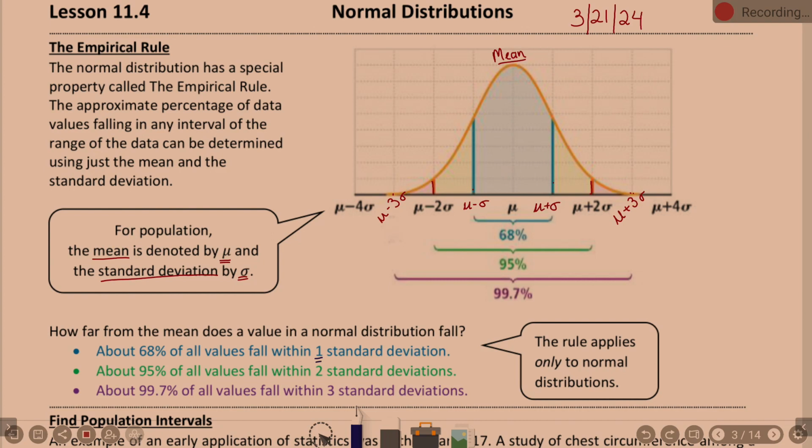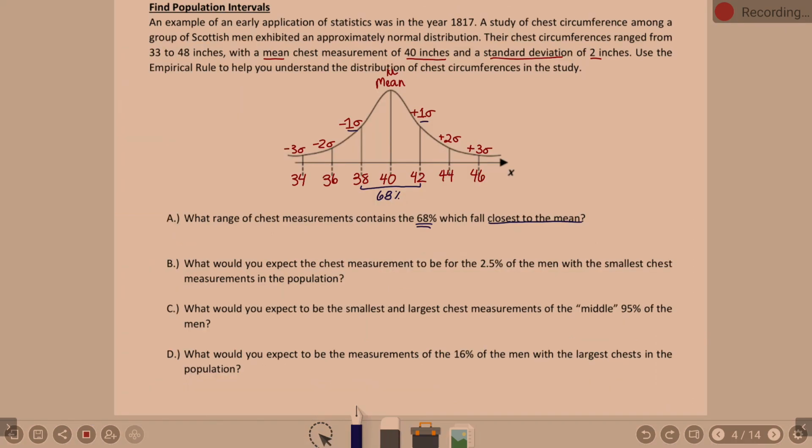So that would be 1 standard deviation above, 1 standard deviation below. Now, if you go to our problem, 1 standard deviation above was going 2 up, 1 standard deviation below was going 2 down. So 2 up from 40 was 42, 2 down from 40 is 38. So because this is 1 standard deviation, according to the empirical rule, 68% of our data is going to fall between those lines. Okay?